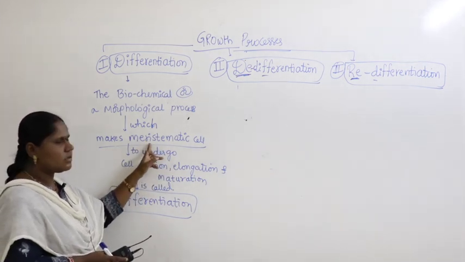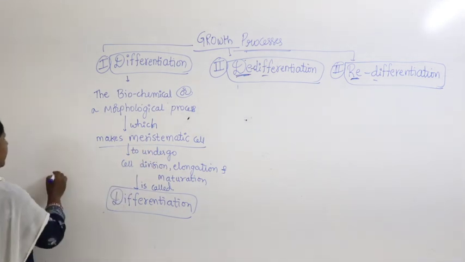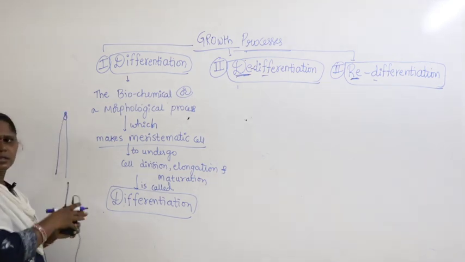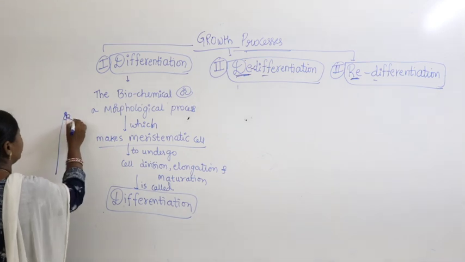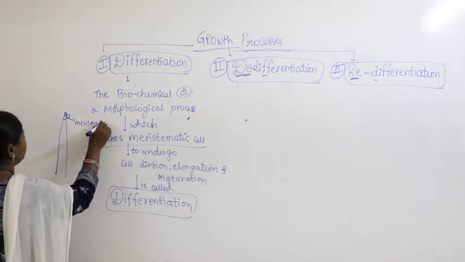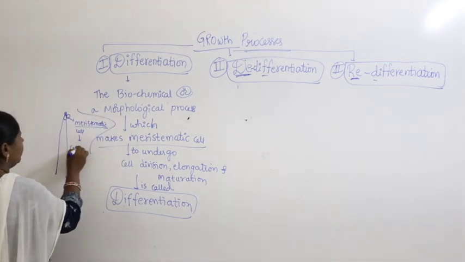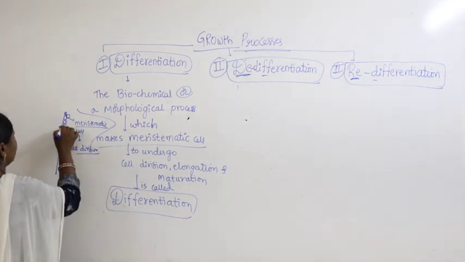If you talk about the meristematic cell, we know this story very well. At the tip we find what is called the meristematic cell, visible here. So what is the function of this meristematic cell? We discussed earlier, it will undergo the process called cell division.